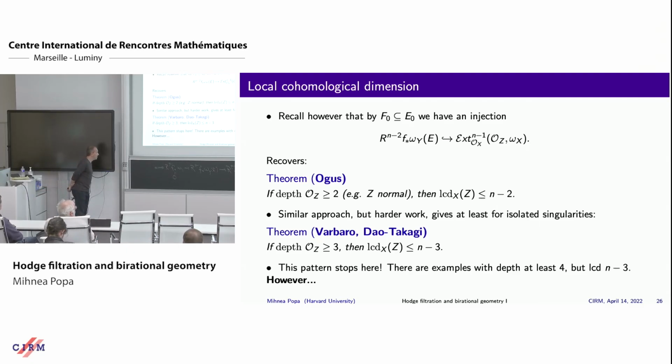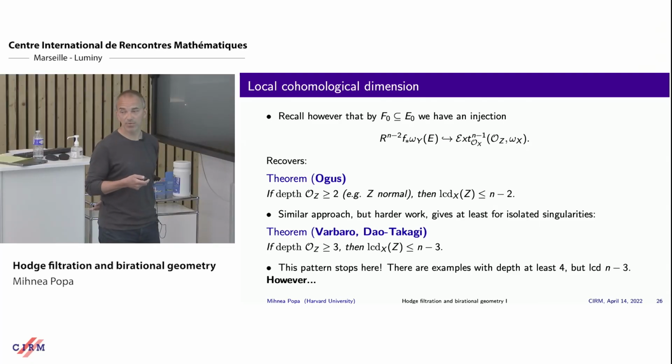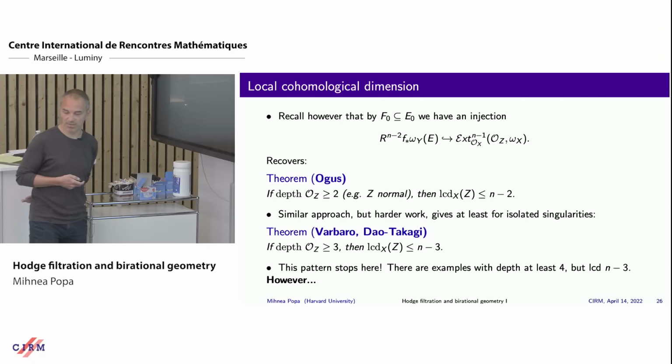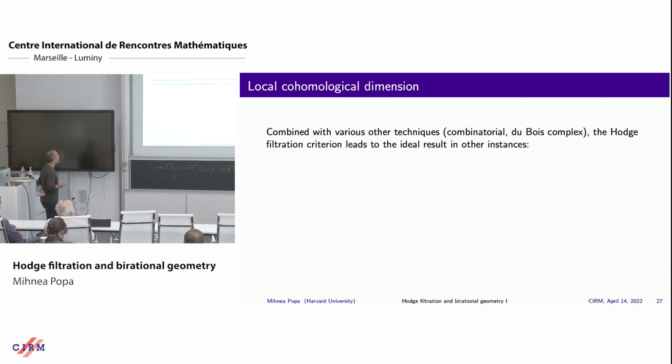So that's that. And I kind of want to conclude by saying that nevertheless, this pattern does hold in various instances. And based on the study of the Hodge filtration, you can sometimes get, for certain types of singularities, that the LCD is equal to n minus the depth. But you have to include some extra information.